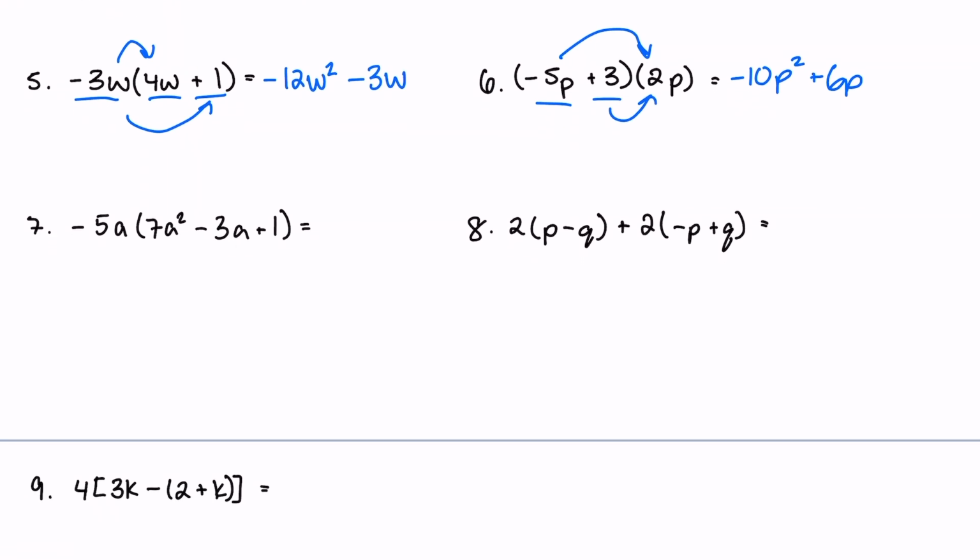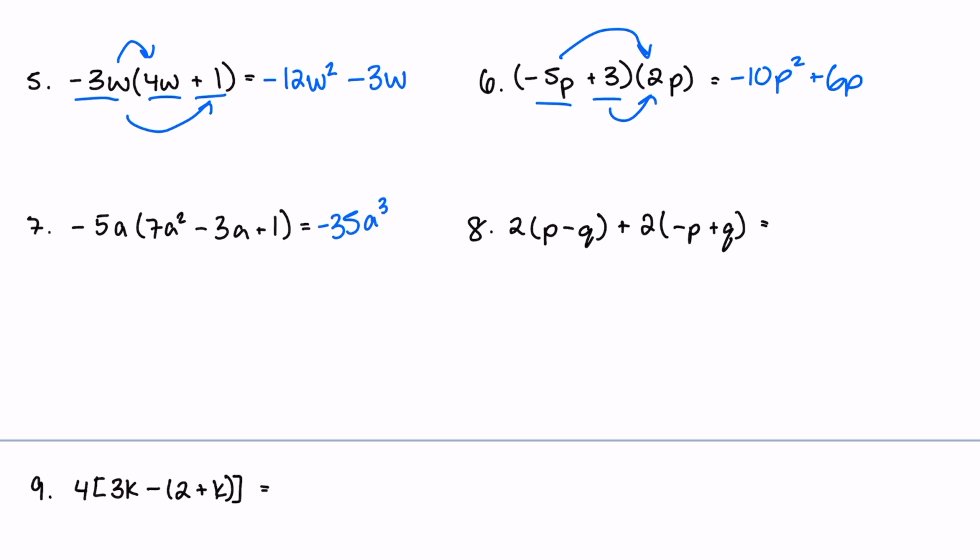For question 7, we have negative 5a times 7a squared minus 3a plus 1. So negative 5a times 7a squared is going to be negative 5 times 7, so negative 35. And then a times a squared, remember when you're multiplying variables with the same base, you add their exponents. So 1 plus 2 is going to be a to the 3.